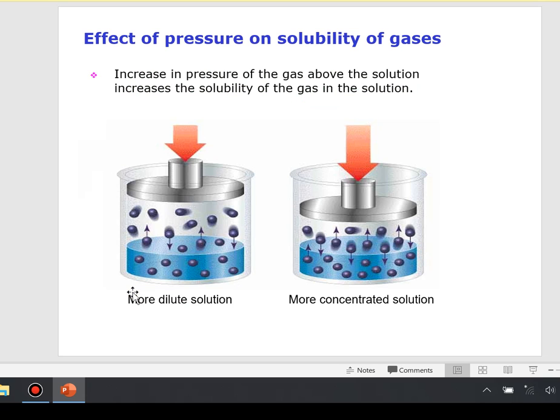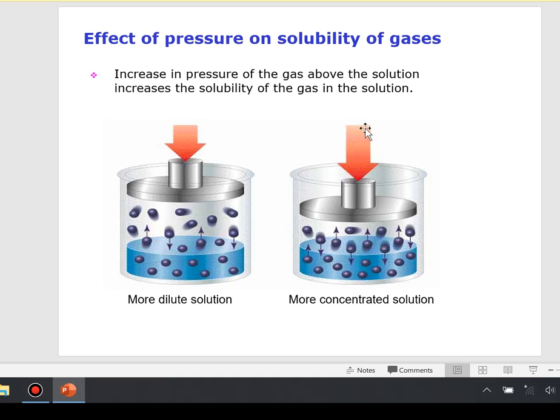What is the effect of pressure on solubility? If we increase the pressure of the gas above the solution, it means the solubility of the gas in the solution increases. We can see this by these two experiments.